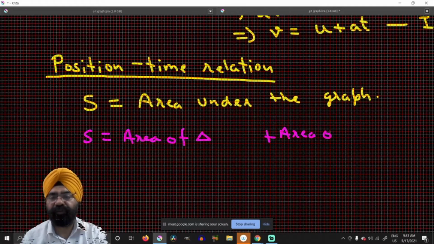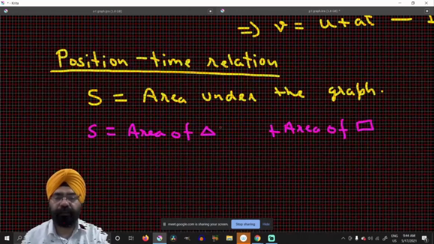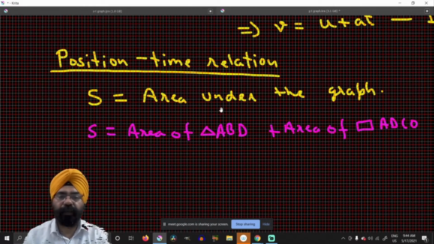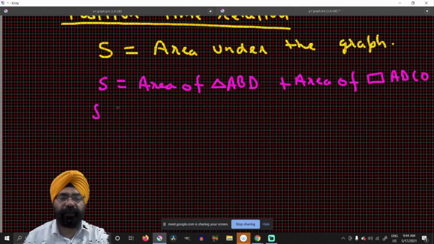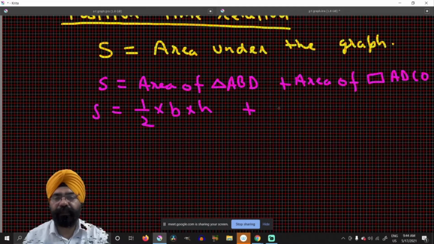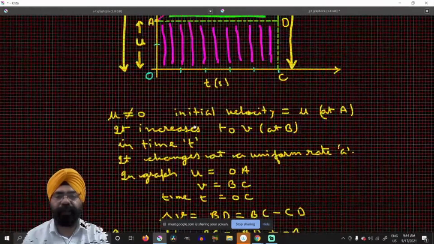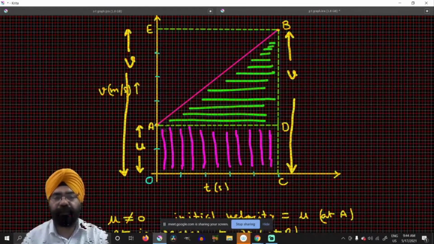Now remember the names: triangle ABD and rectangle ADCO. We know that area of triangle is half into base into height, and area of rectangle is length into breadth. Remember the base and the height: the base is AD and the height is BD.